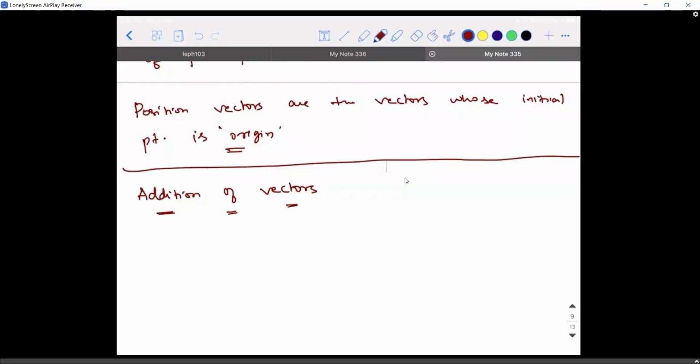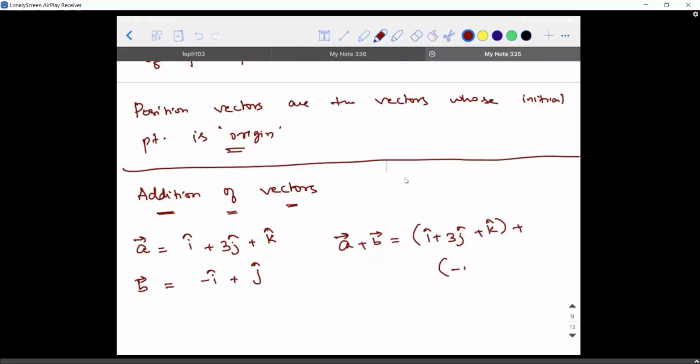So if I have a vector A equal to i cap plus 3j cap plus k cap, and I have B vector equal to minus i cap plus j cap, something like this, guys. Okay. If I ask you what is A vector plus B vector, what will you say? You just write those vectors: i cap plus 3j cap plus k cap plus minus i cap plus j cap.